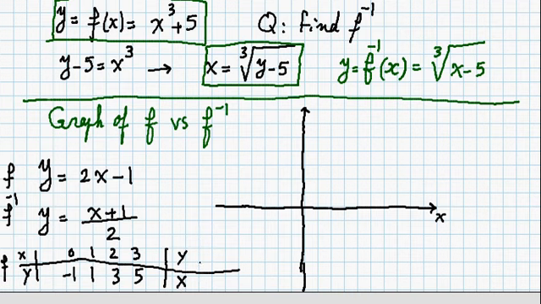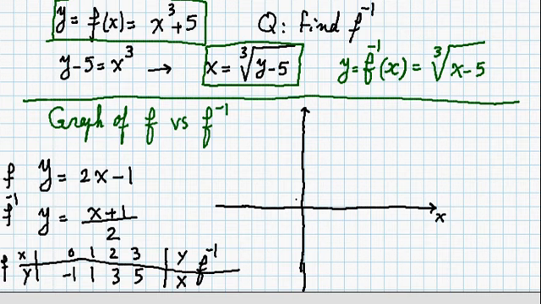This is for the function f inverse. In f inverse, if I put 5 here, 5 plus 1 divided by 2 is 3. So when x is 5, y is 3. When x is 3 here, y is 2, and so on. So x and y of f inverse are just the same as x and y of f, except that the roles have been exchanged. And that is the key to see how these two graphs relate to each other.